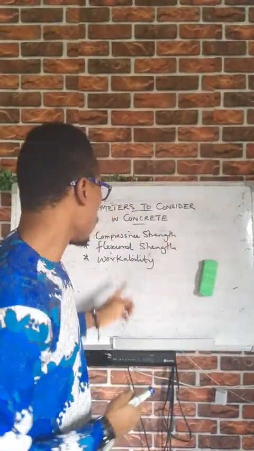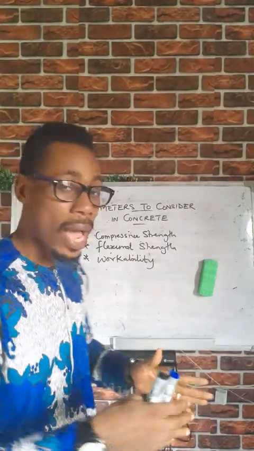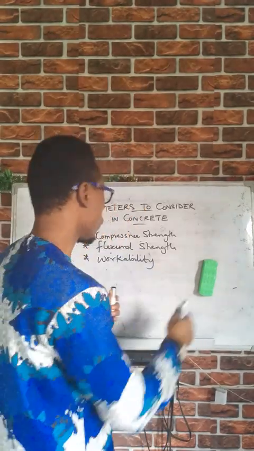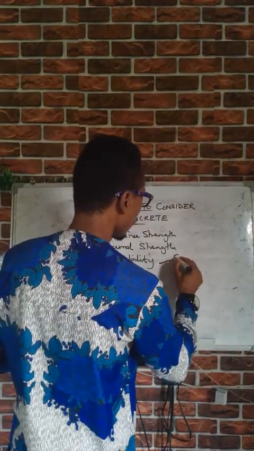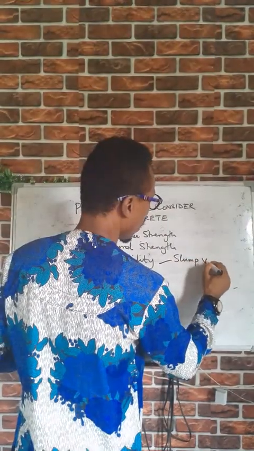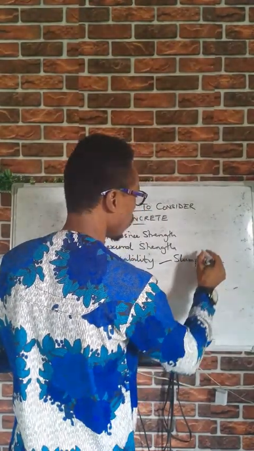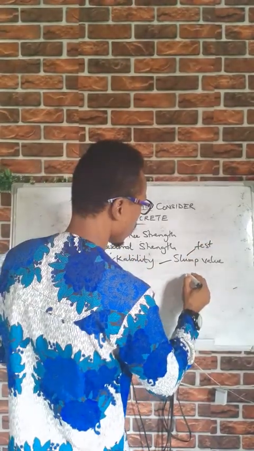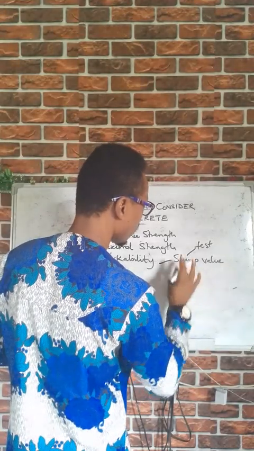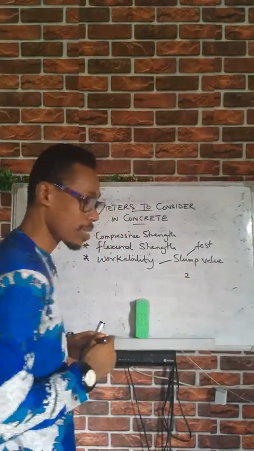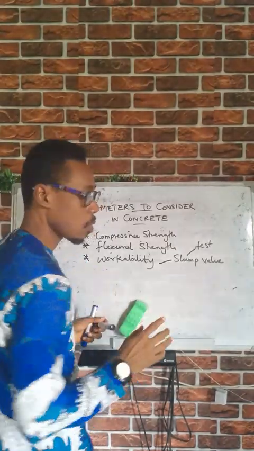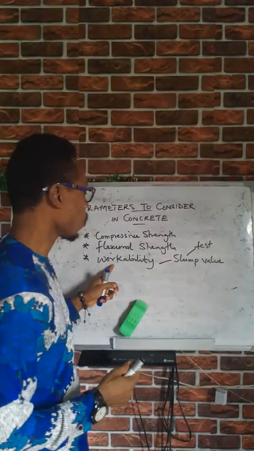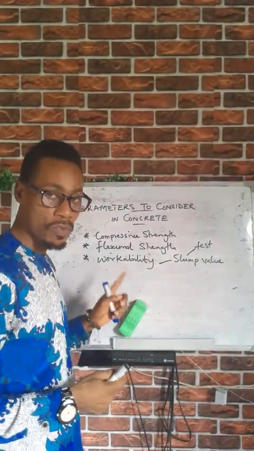Workability differs in our concrete based on their different strength, and this is measured by your slump test. You get your slump value from your slump test. In some cases, different structural components have their various slump values. Slump test is what you use to check for the workability of your concrete.